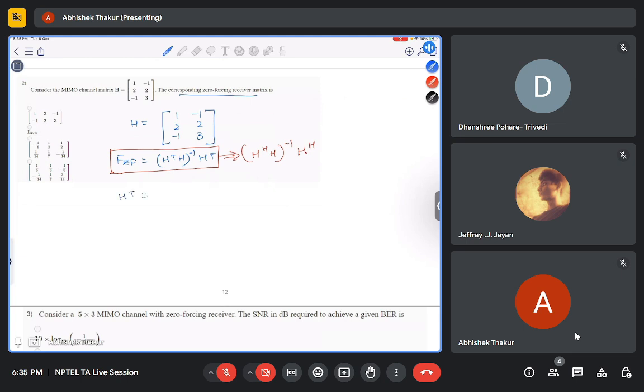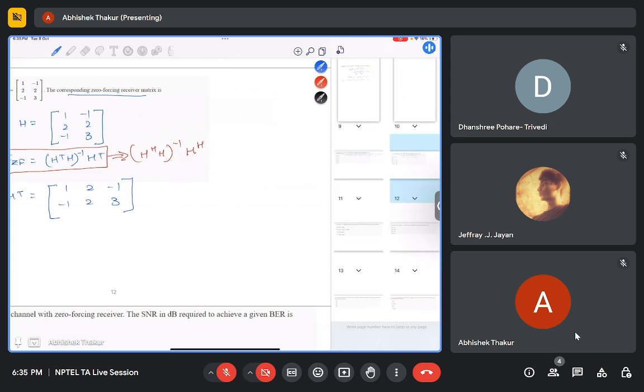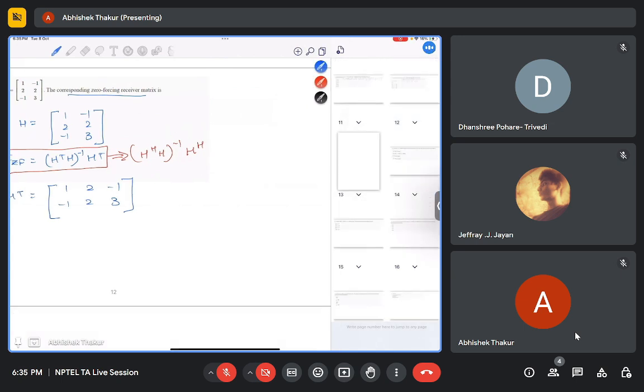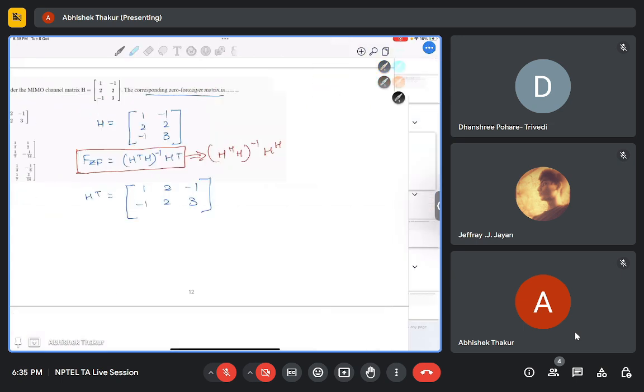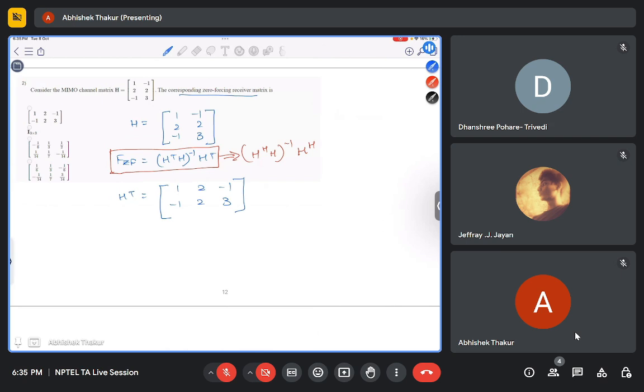So in the real case we will find it like this. H transpose is equal to 1 2 minus 1 minus 1 2 3, and we are finding the pseudo inverse.